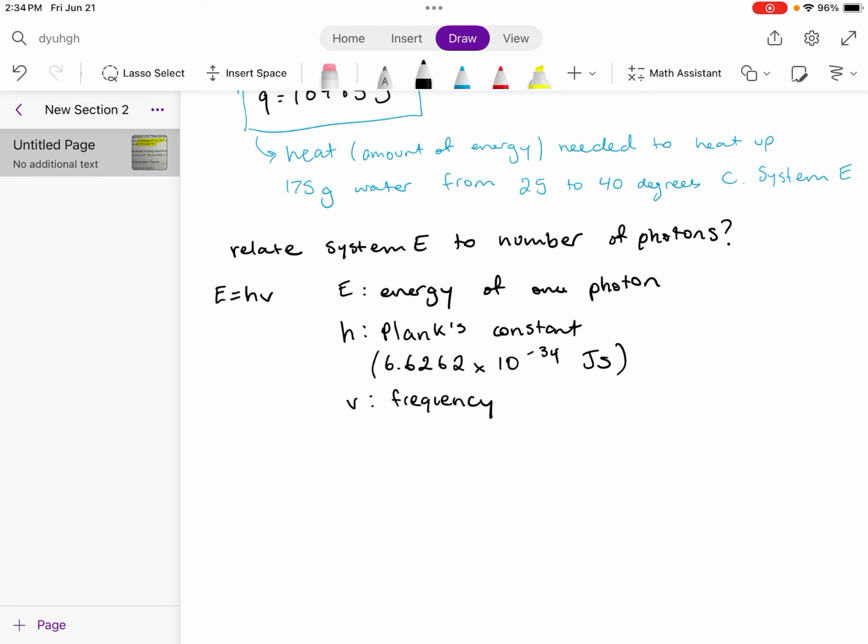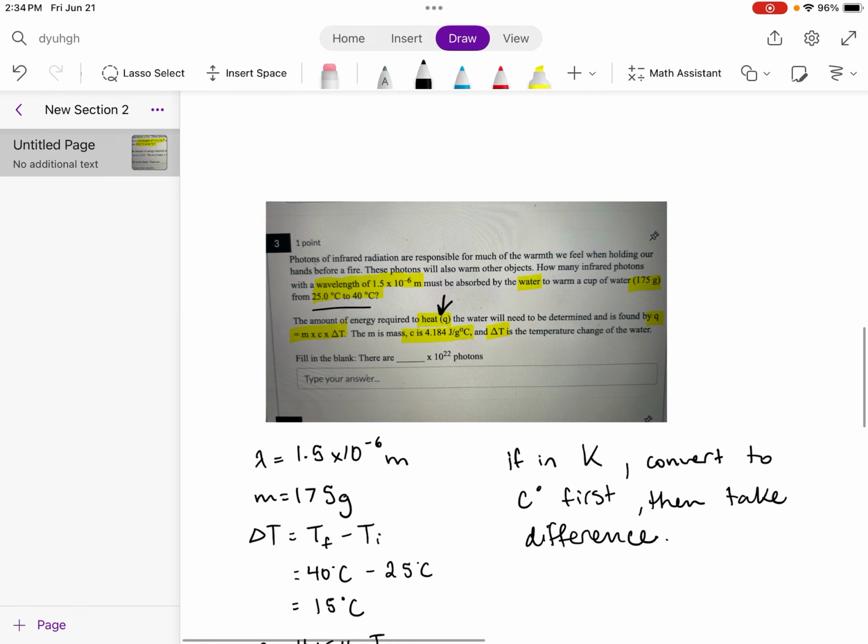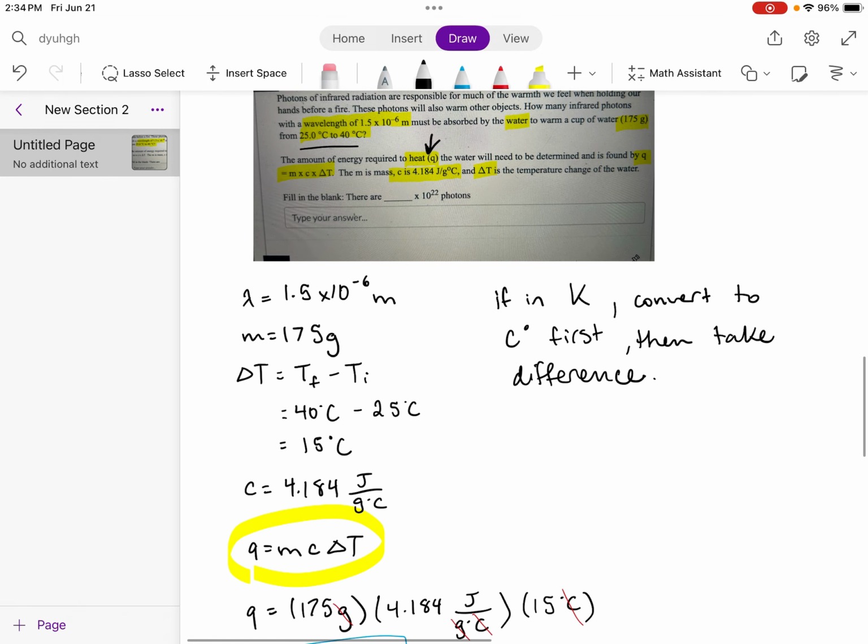Okay, so we want to find E, and h is a constant. But frequency, we don't have frequency. So we have two unknowns, how do we solve this? Well, we're in luck because the question gave us wavelength.